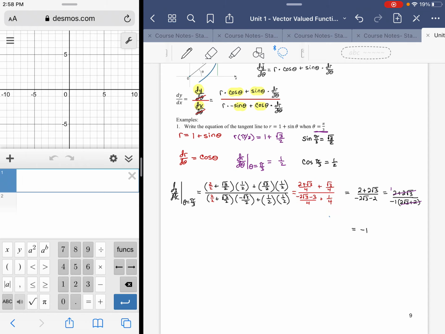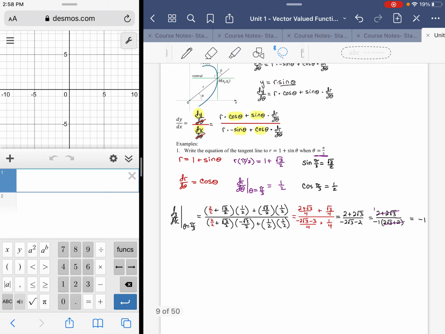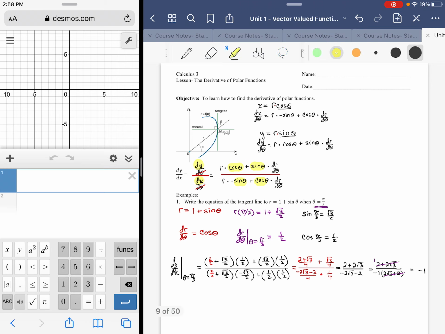Now, in order to write the equation of a line, we need more than just the slope. We need either the y-intercept or just a point on the curve itself. The point on the curve, we can actually get that pretty easily, because we have the relationship that we started off with right in the beginning, where the whole journey began.